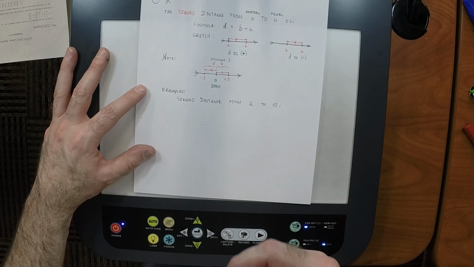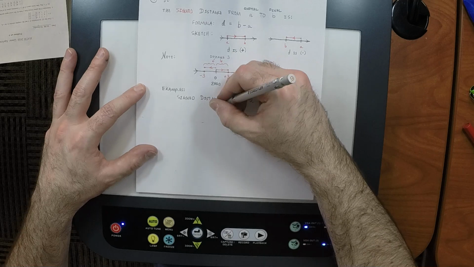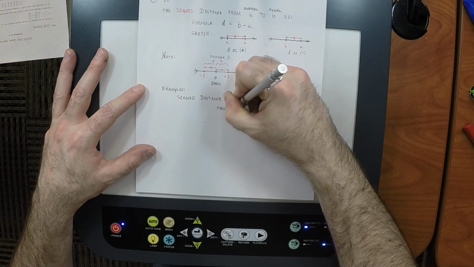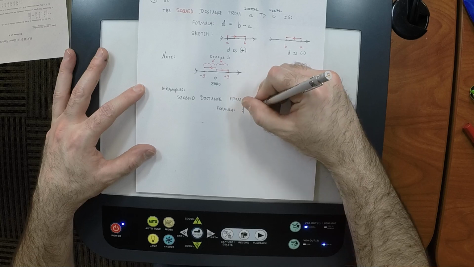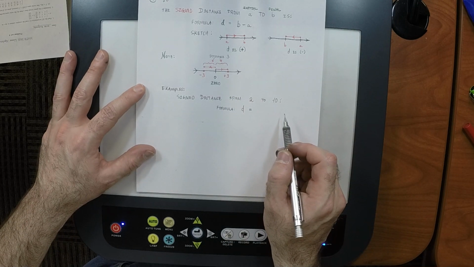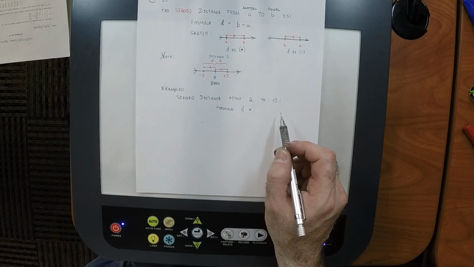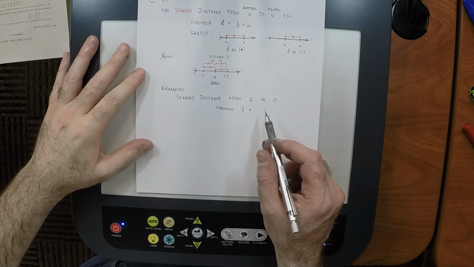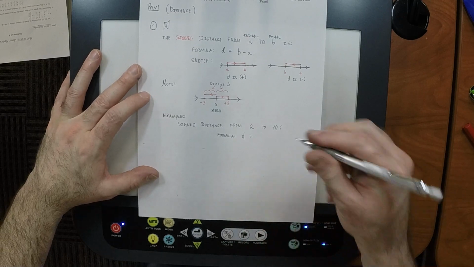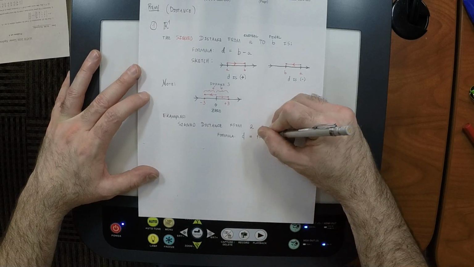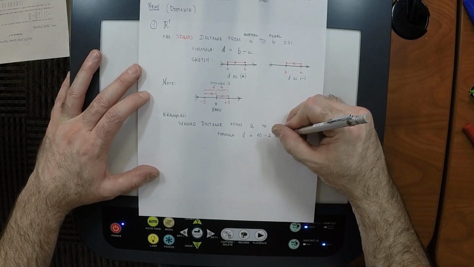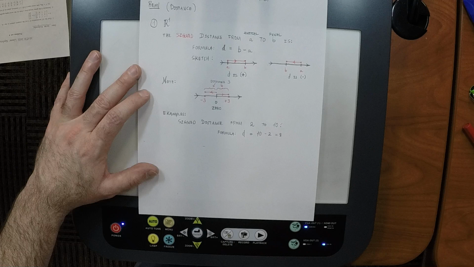So the formula would be d equal to, and then what do I have to write? Right. Final minus initial. In terms of these numbers, that'd be 10 minus 2. So that would be 8. That's what the formula is saying.